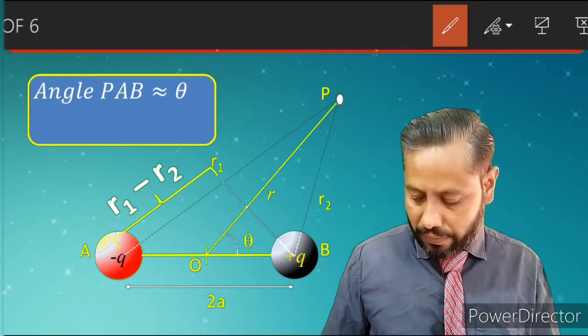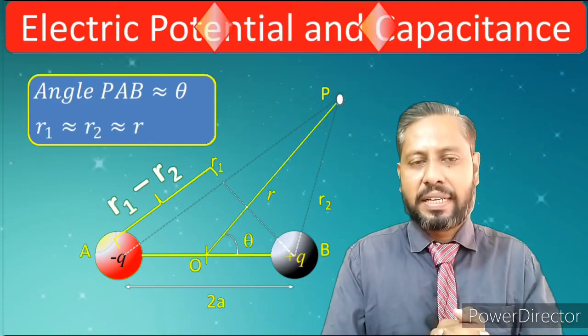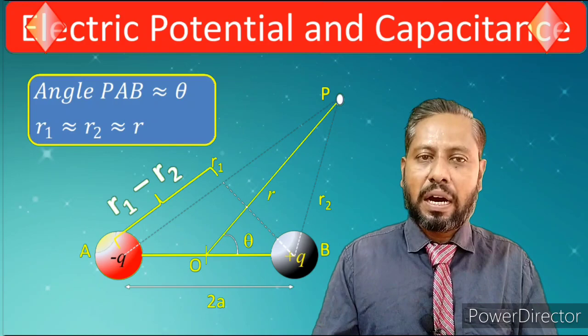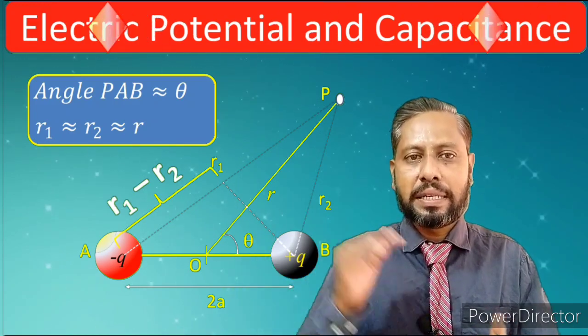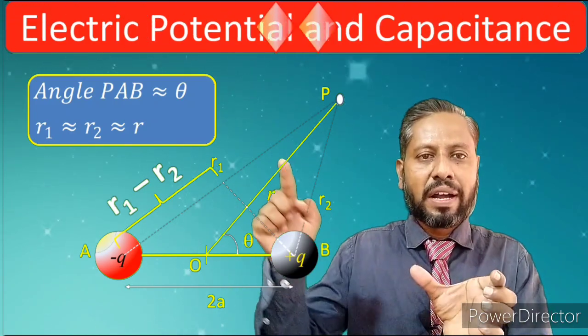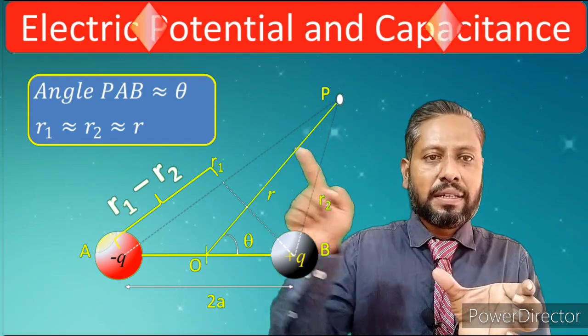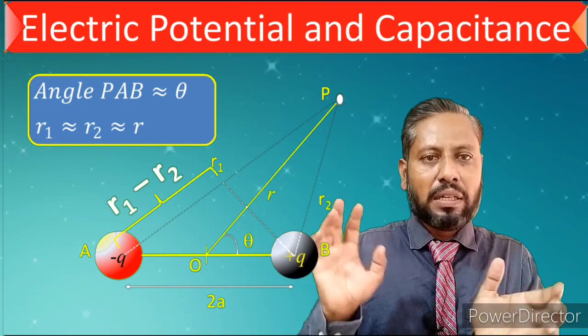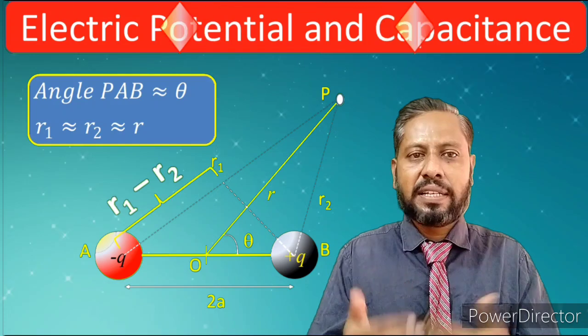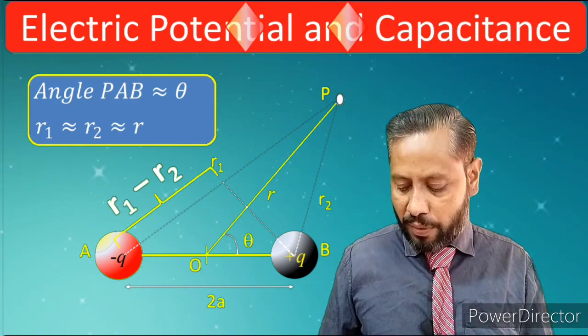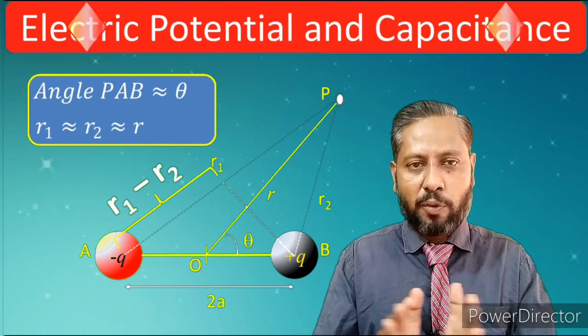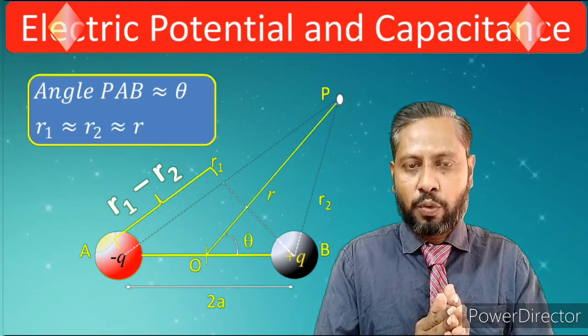Further, let us say r1, r2 and r are all nearly the same. If the point P is located far away from the dipole, these distances can be approximated as the same. So these are the three approximations that we have to make here.